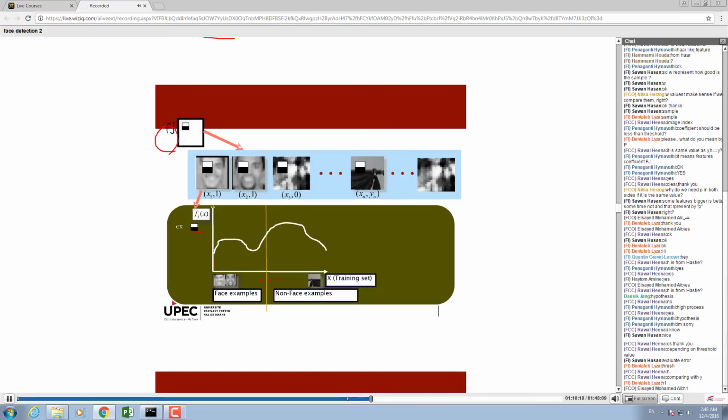This yellow vertical line represents face and non-face. The left part is face, the right part is non-face, positive and negative.